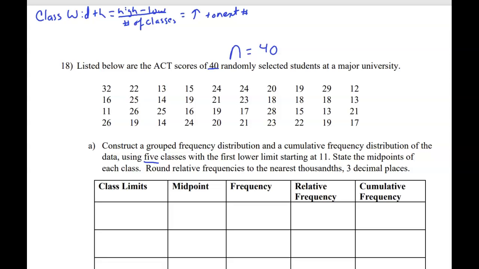Think about if you go into a grocery store and something costs exactly $4. Well, class width is like how much money you go into the store with.